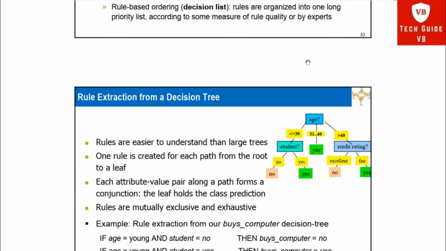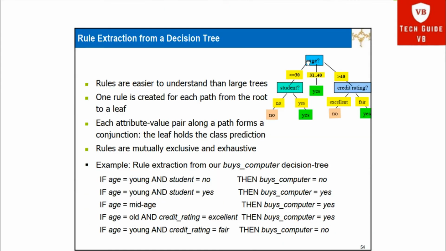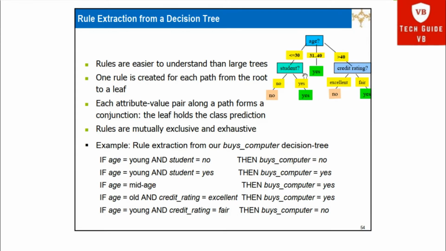Next we will see rule extraction from a decision tree. In the earlier slide we saw how to write the if then rule; now we do it in the inverse manner, formulating the rules with the help of the decision tree.